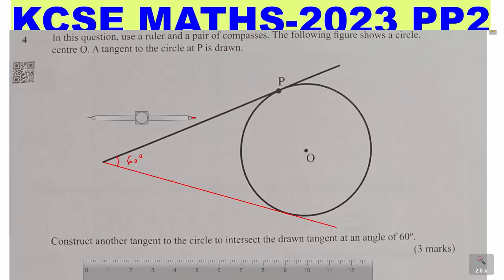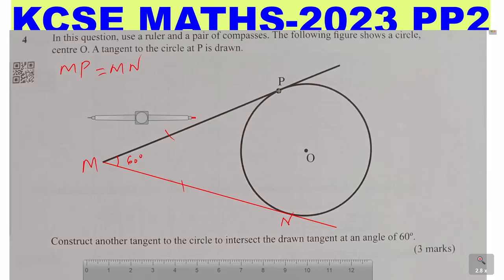One property that you're supposed to understand is that tangents to a circle from a common external point are equal. So these tangents, let me call this point M. Tangent MP is equals to tangent, let me call this point N, MN. So these two are equal.